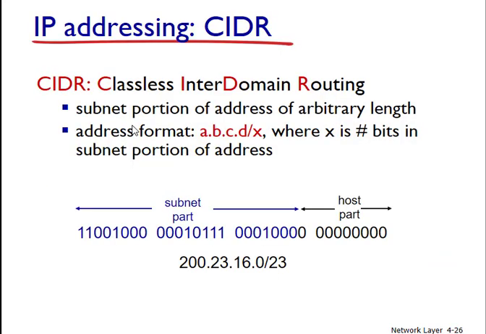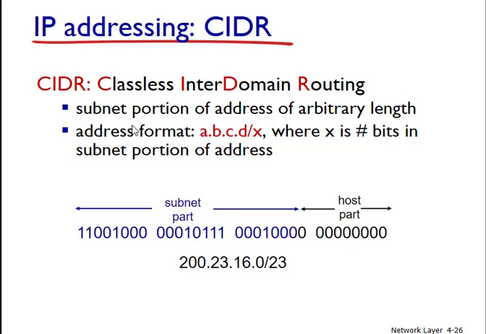The Internet's address assignment strategy is known as Classless Inter-Domain Routing. You'll see it abbreviated CIDR and pronounced "cider". CIDR generalizes the notion of subnet addressing. As with subnet addressing, the 32-bit IP address is divided into two parts, a subnet and a host.